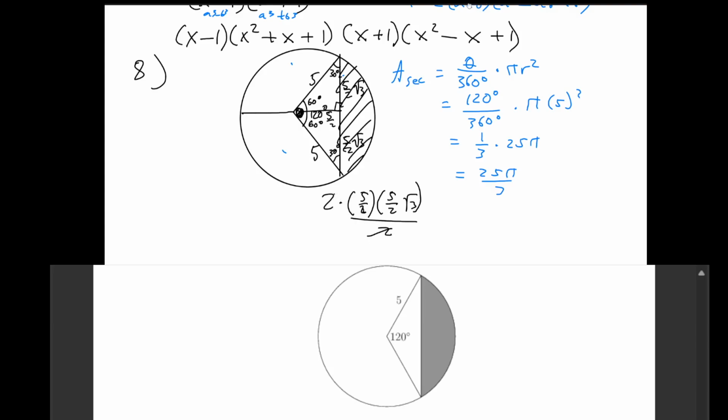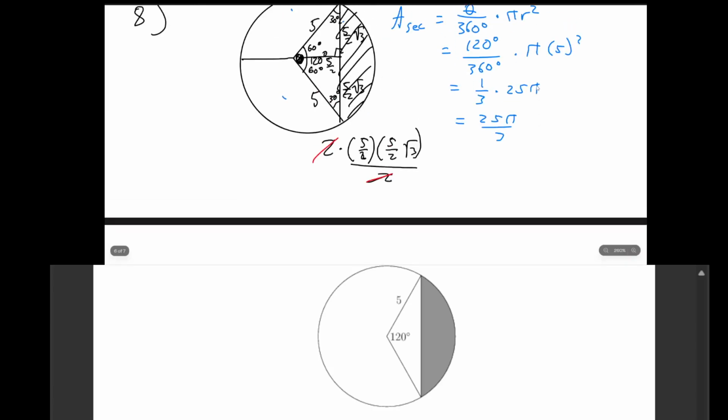These will cancel. And then we'll get 25 root 3 over 4.